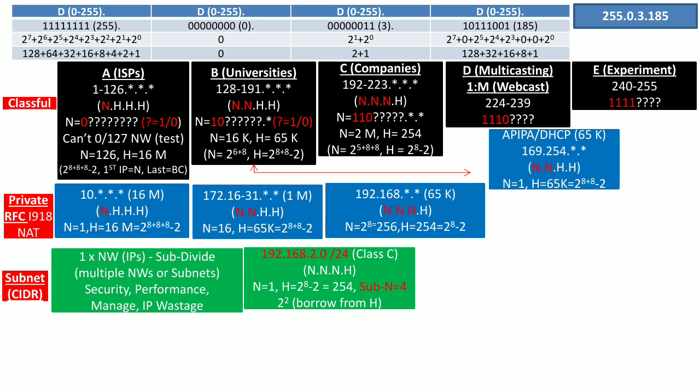Because these 2 bits would create addressing for 4 subnets, that is 00, then 01, then 10 and 11. So this would make the network address increase from 24 to 26, since we have borrowed 2 bits from the host portion.